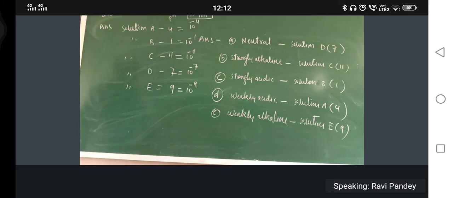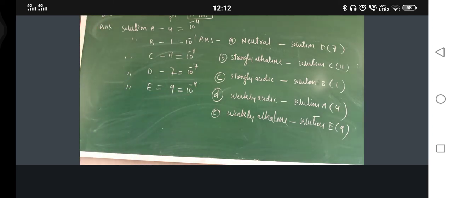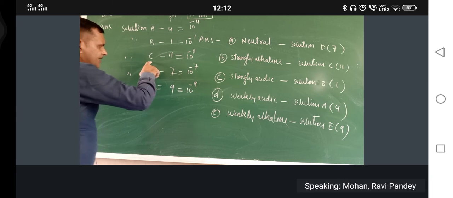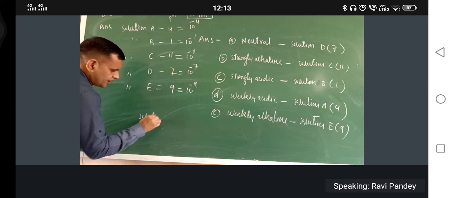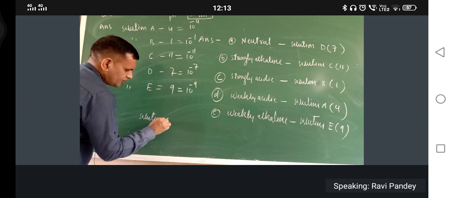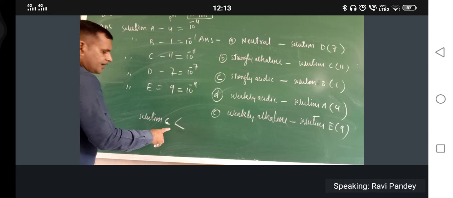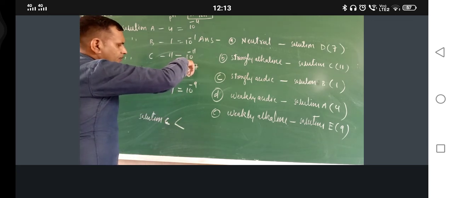Okay, now it is asking for increasing order of hydrogen ion concentration. So where is the least one? Solution C. Solution C has the smallest concentration, that is, the highest pH.